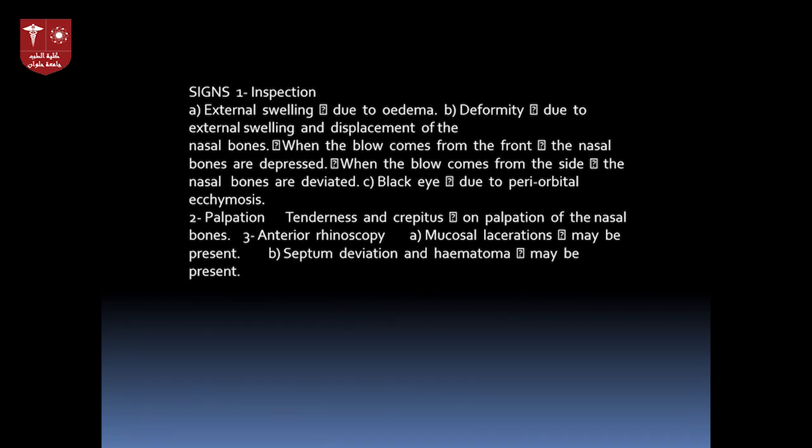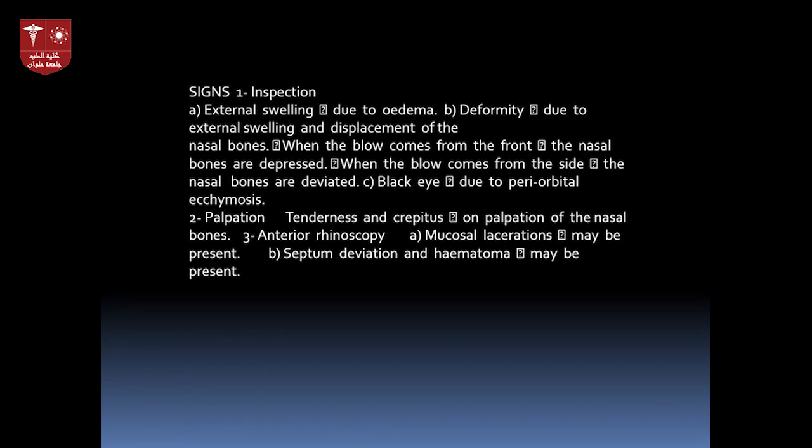What will you see? By inspection, you will see external swelling due to the edema, and deformity due to external swelling and displacement of the nasal bones. When the blow comes from the front, the nasal bones are depressed. When the blow comes from the side, the nasal bone is deviated, and maybe black eyes due to periorbital ecchymosis.